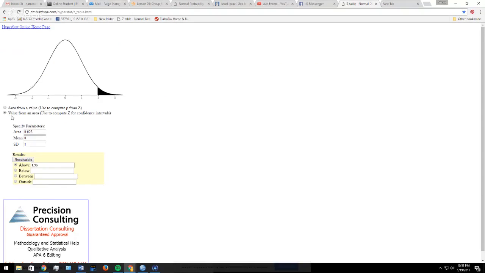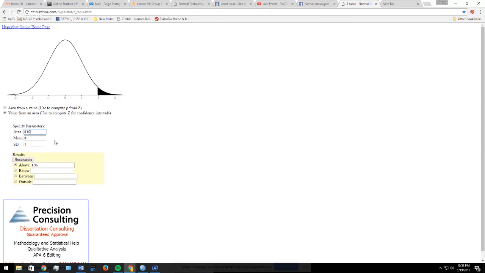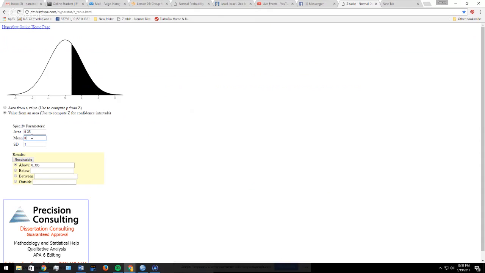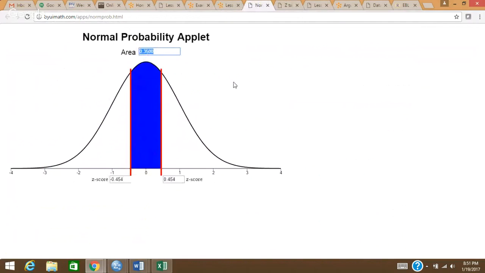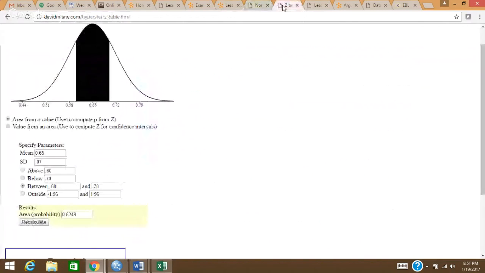Yeah, I think go to value to area. And we're gonna put 45. What was the mean again? The mean. The mean is 0.65. Okay.